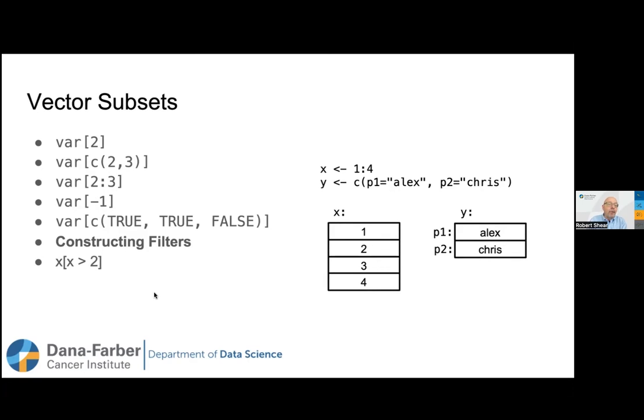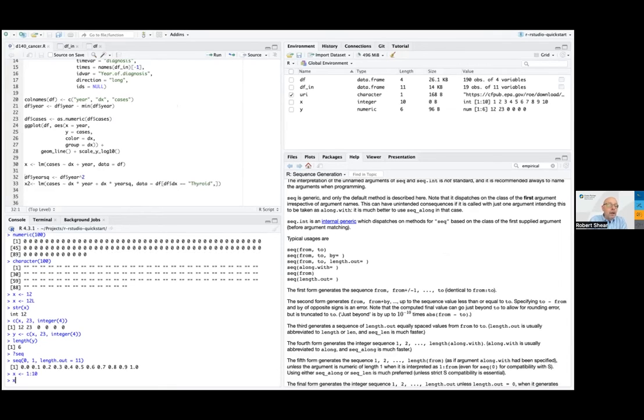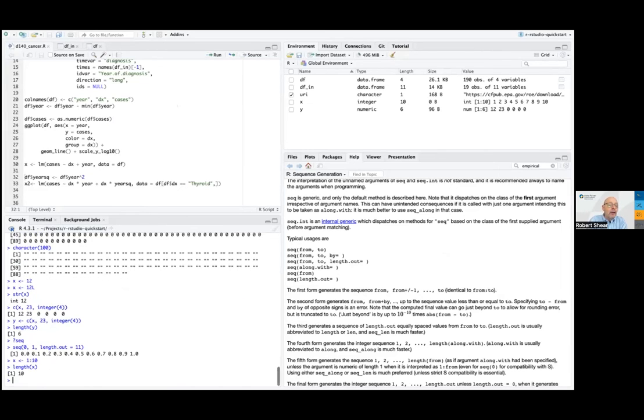If, for example, I wanted to return the last item, it's slightly clumsier, so I'm going to say x equals 1 through 10. x, and I can say length of x, and I can say x of length of x.